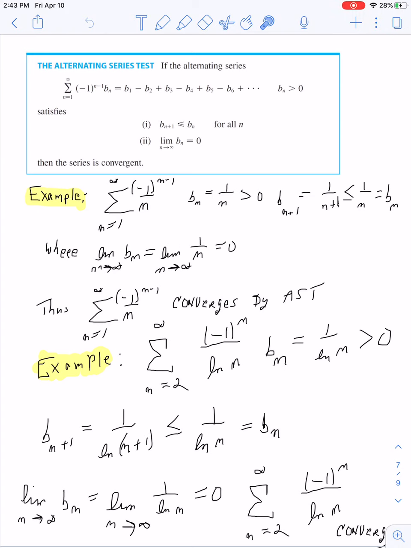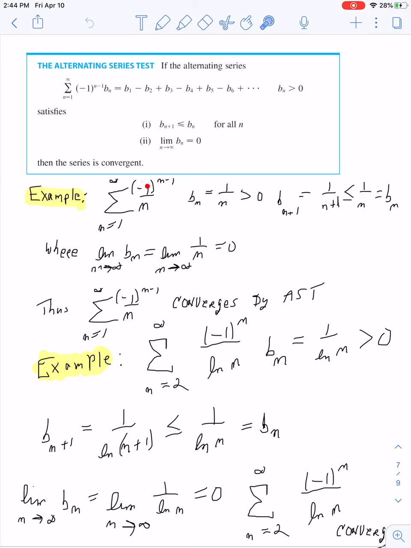It says if we have an alternating series and if Bn plus 1 is always less than or equal to Bn for any n, in other words, the next term is smaller than the term before it, or it could be the same. So if that's always true, and if the limit of the Bn's is 0, then the alternating series test tells us the series does what? Converges.